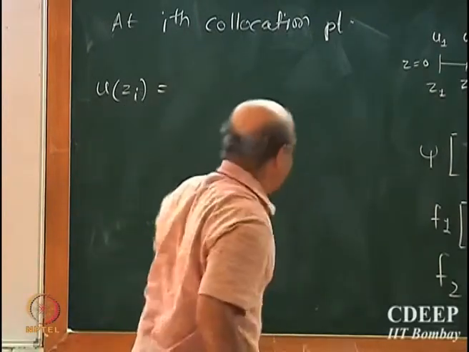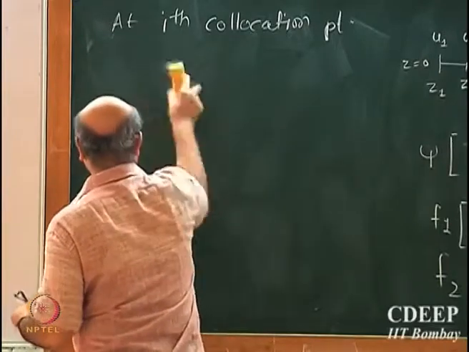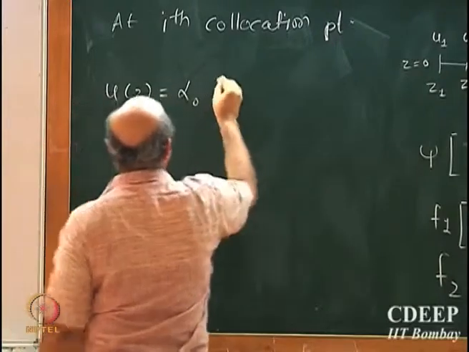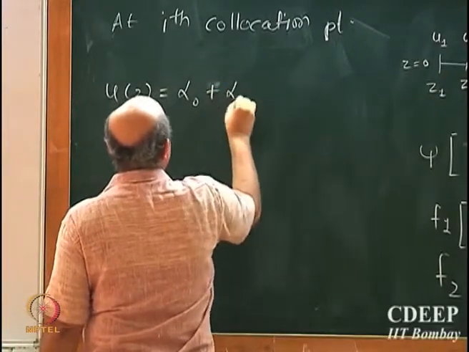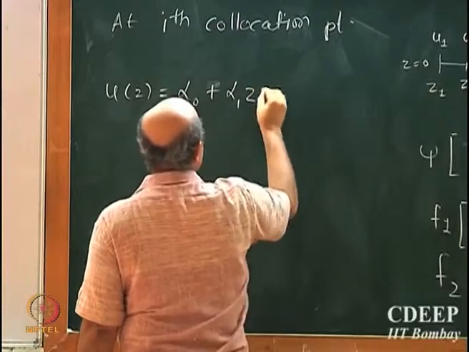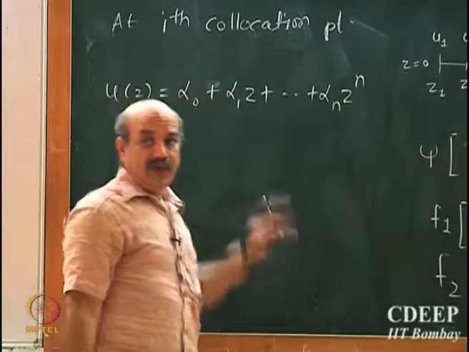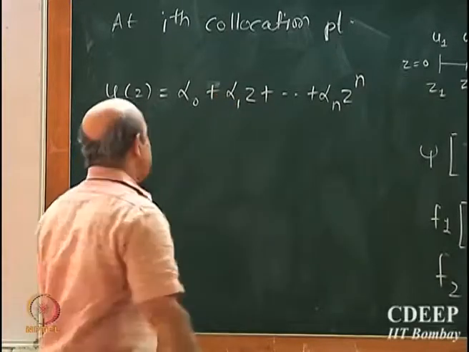Before I go to the ith collocation point, what is the general solution? u(z) is alpha 0 plus alpha 1 z up to alpha n z^n, right? This is the approximate solution. What is its first derivative?